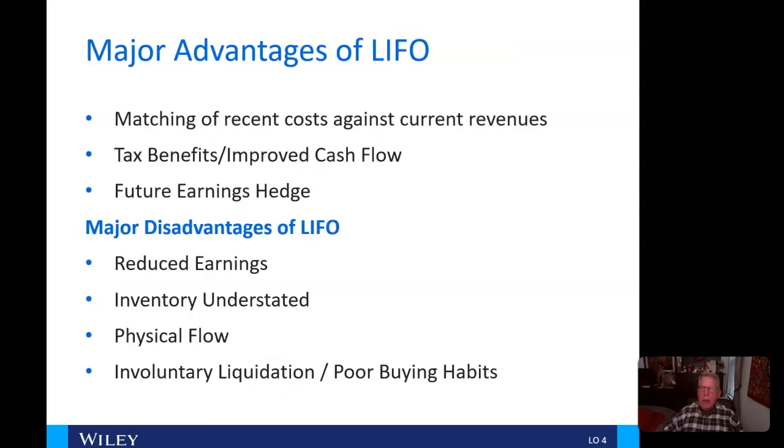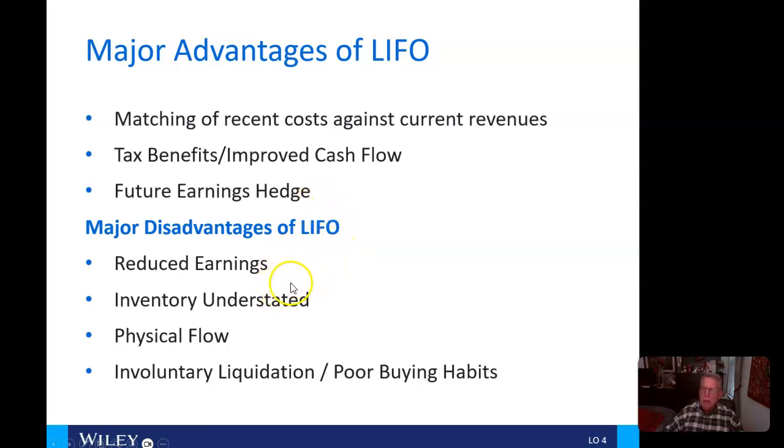All right, the major advantages of LIFO then: we match the recent costs with the recent revenues, tax benefits, that's the reason companies adopt this, let's be frank, and improved cash flow as a result. And it's a future earnings hedge, meaning we're going to have an advantage from having the money today.